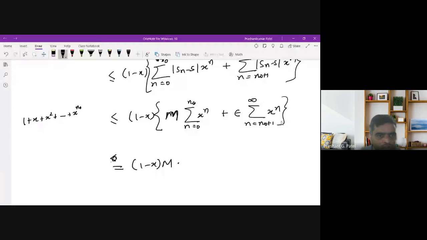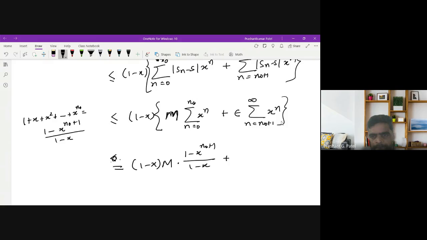As you know the summation is, we can write 1 minus x power n0 plus 1 upon 1 minus x. So as per that we can write this, and for this quantity I'm adding some more terms here.